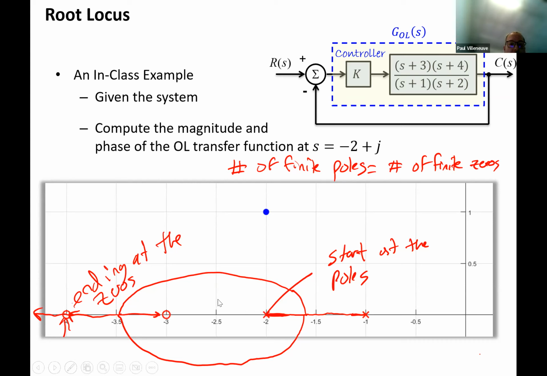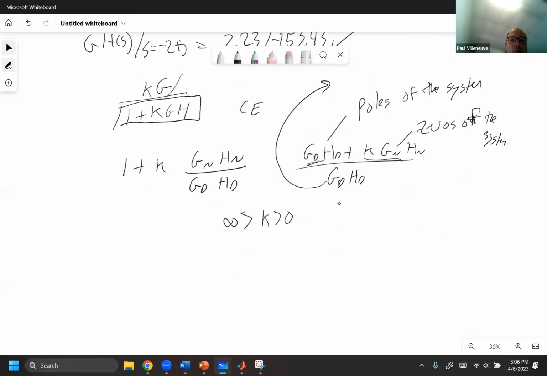And this point right here, we know we didn't go on that point because if you remember for our practice, we ended up with 2.23 at an angle of -154. Well, if we go back to our work for our root locus, we know that 1 plus KGH must equal 0.